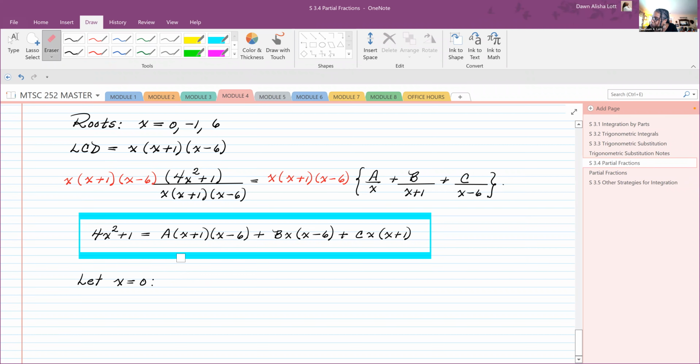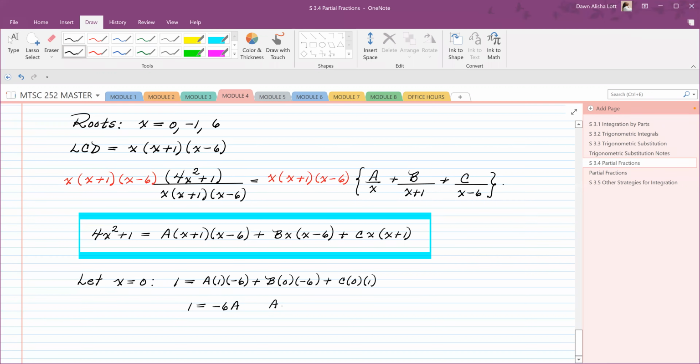So we have 1 is equal to A times 1 times -6 plus B times 0 times -6 plus C times 0 times 1. So we get 1 is equal to -6A. So A is -1 over 6. Thank you, Devin.